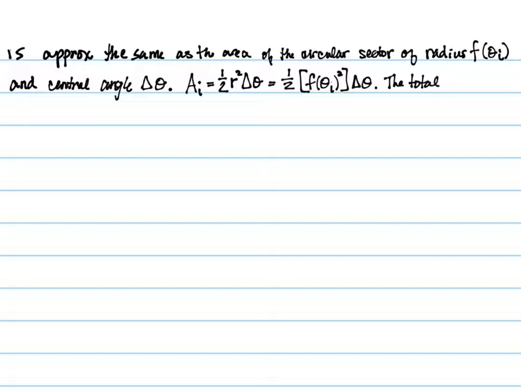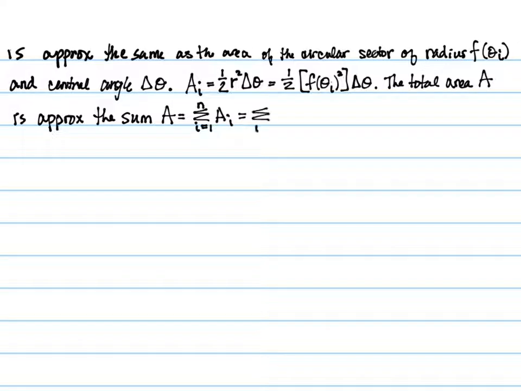The total area, A, is approximately the sum, A equals the summation from i equals 1 to n of a sub i, which is the summation from i equals 1 to n of 1/2 f of theta sub i squared delta theta.